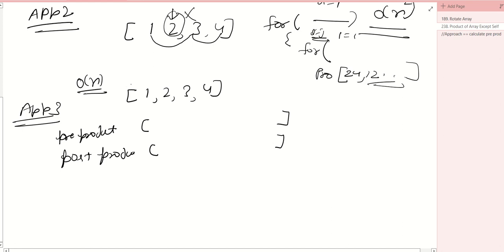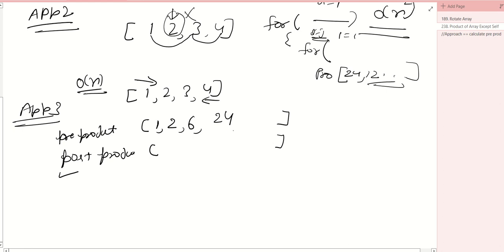For the pre-product, we are going to make the product from the starting. So 1 into 1, that will be 1. 1 into 2, that will be 2. 3 into 2 into 1, that will be 6, and then ultimately 24. Now for the post-product, we start from the end. So for pre-product we started from here, right?